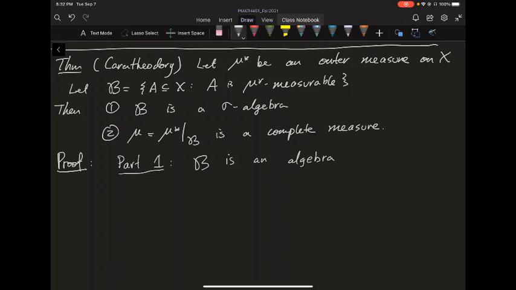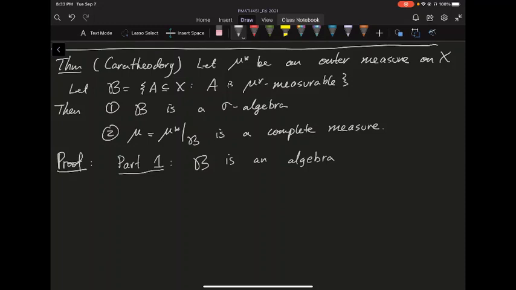So what we do is only consider those mu star measurable sets, and let's call it B. Then the Carathéodory theorem says, first of all, this B is in fact a sigma algebra. And second, if you pretend that mu star is only defined on the sigma algebra B, then you actually get a complete measure. So this is the theorem we're going to prove.